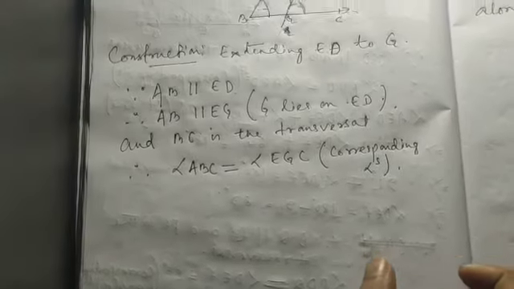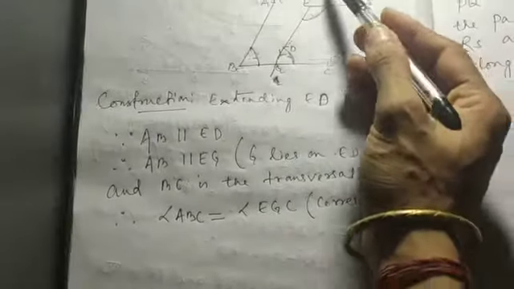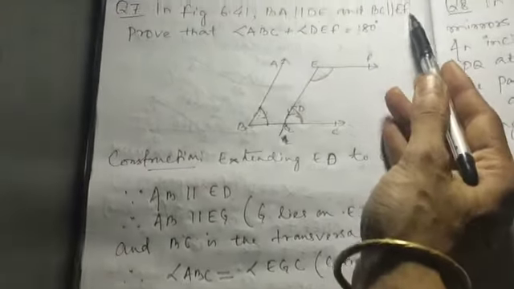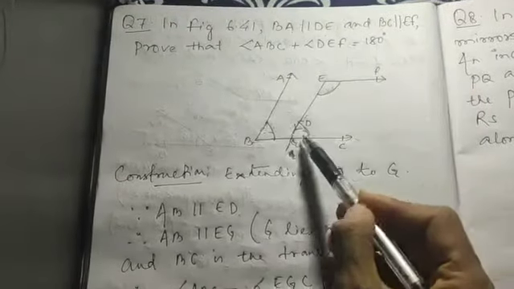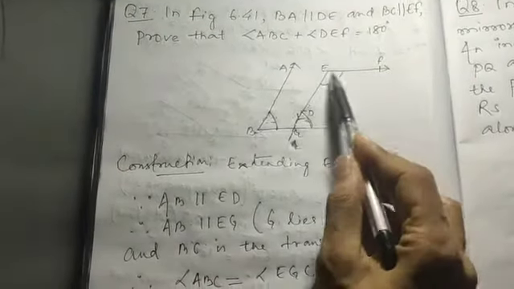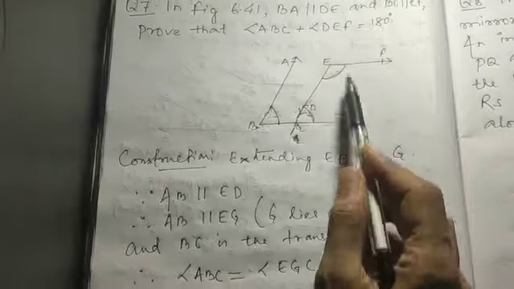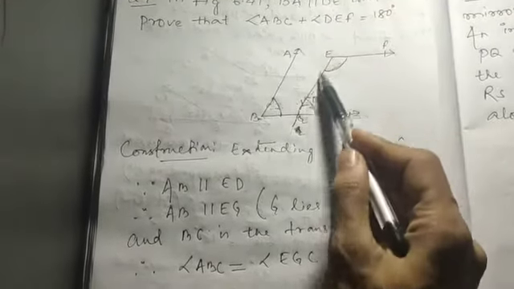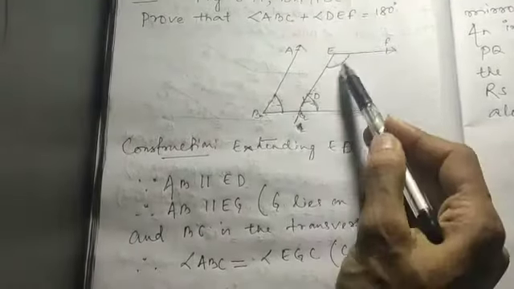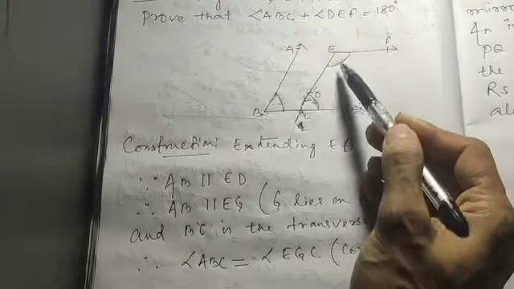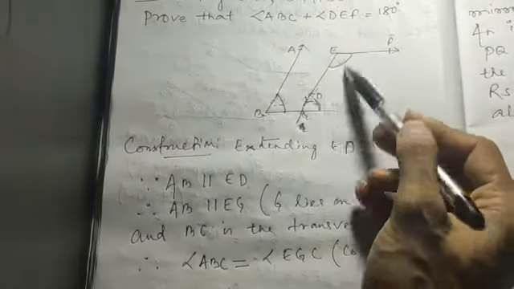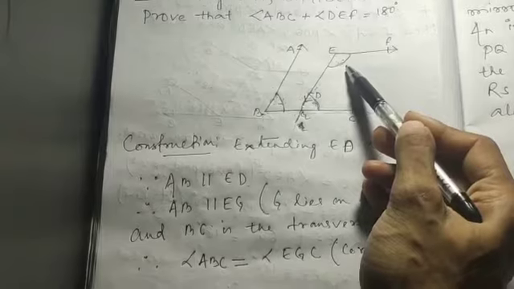Done. Now both are equal, and now you see again they said BC is parallel to EF. That means BC is parallel to EF, and this EG is the transversal. That means these two angles are on the same side of the transversal. Sum of these two angles is equal to 180 degrees, as we have discussed before, right?